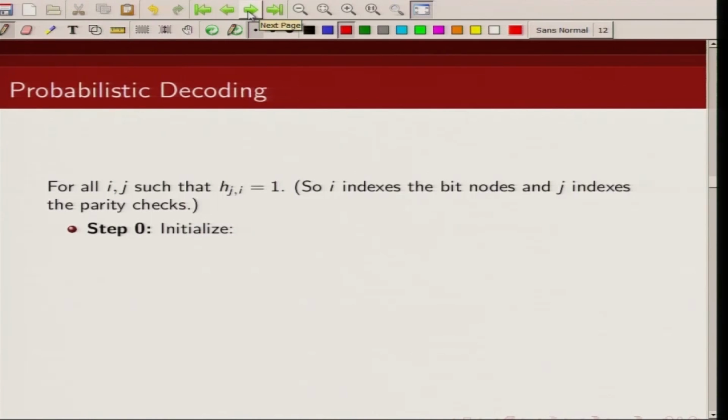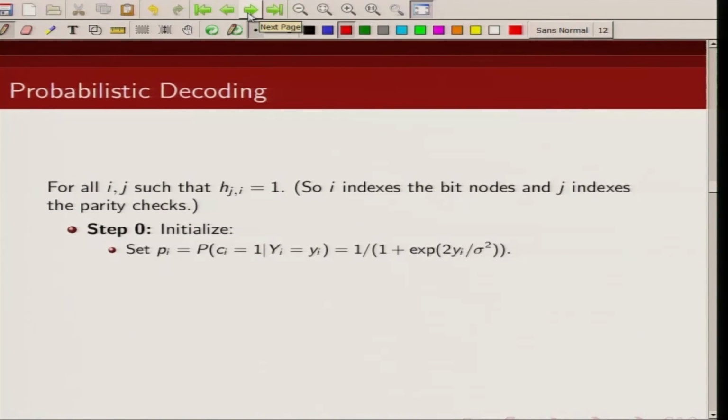Then how does this whole process go? The first step is we initialize the probabilities that we are going to send from the message nodes to the check nodes. So, we calculate this Pi and we calculate this Qis. These are messages we will send from the bit node to the parity check node.